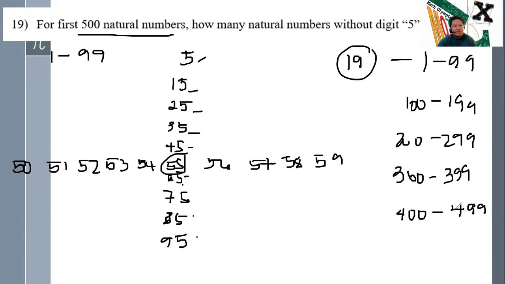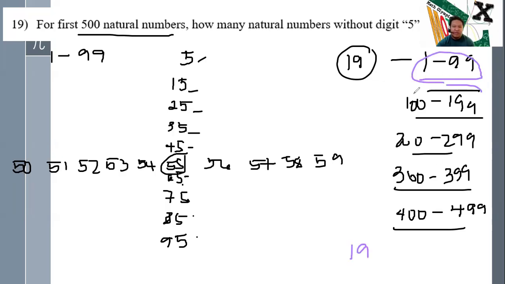As you can see, 1, 2, 3, 4, 5, there are 5 sets, and each set has 19 numbers that have a digit 5. So 19 times 5 is 95. So from 1 to 499 there are 95, actually 96 if we include the 500, because 500 has a 5.